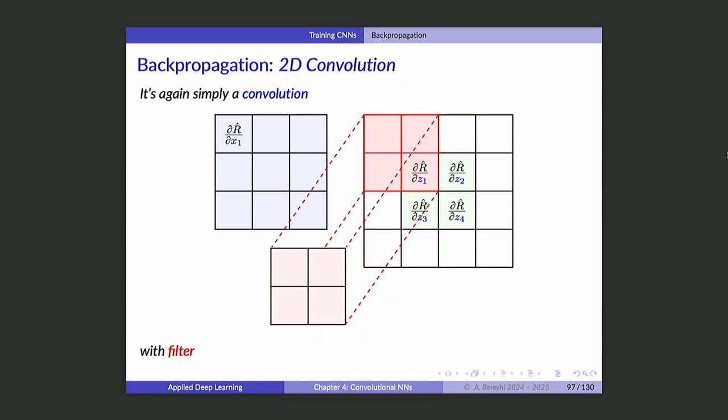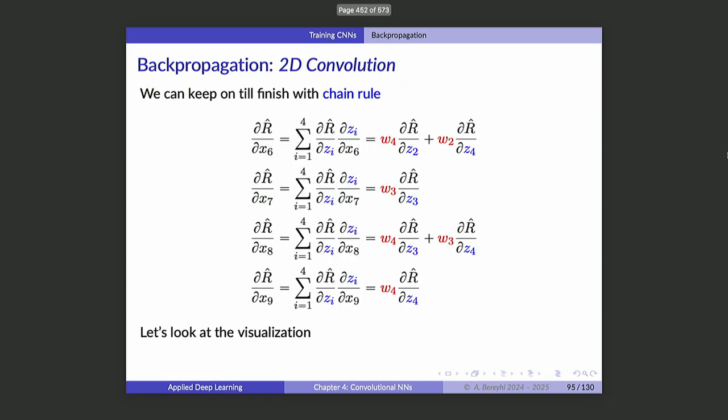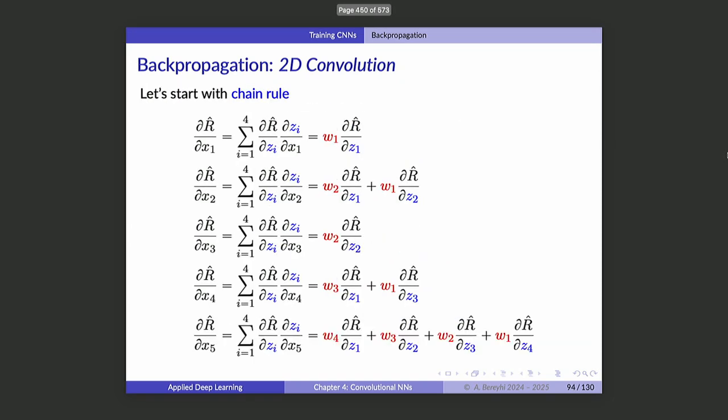But there is one tiny change here. What is that? What's going to be that filter there? It's not it exactly. Look at it. What do we have at the partial derivative of r hat with respect to x1? W1, right?